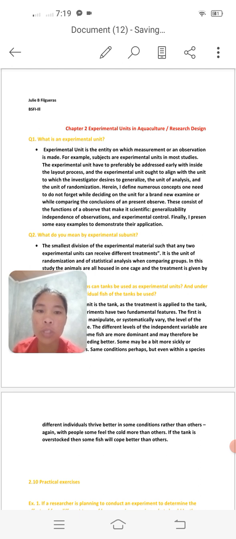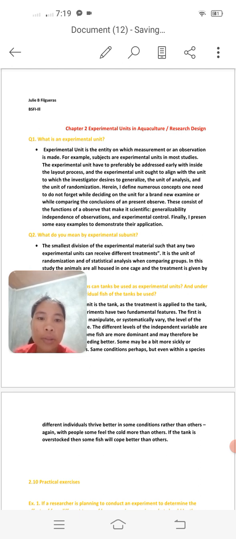The experimental units have to be properly addressed early in the design process. And the experimental units ought to align with the unit to which the investigator decides to generalize, the unit of analysis and the unit of randomization.